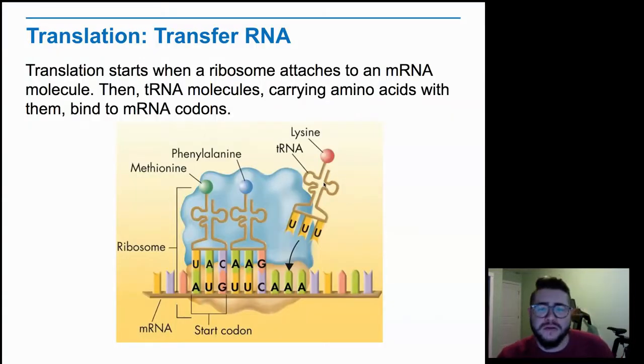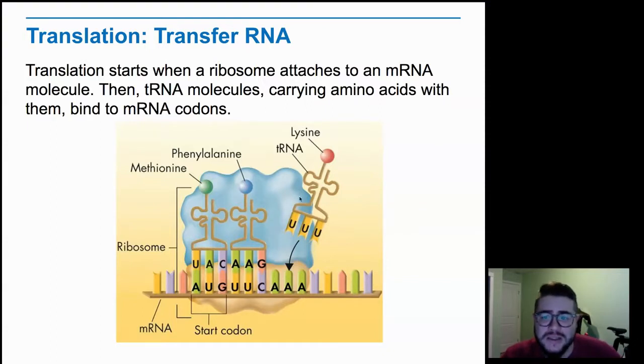There's a couple other complementary tools that are used in this process, so let's talk about them. The first one is a specific type of RNA called tRNA, also known as transfer RNA. Its whole job is to transfer amino acids to the ribosomes for protein synthesis. And so this is how it works.